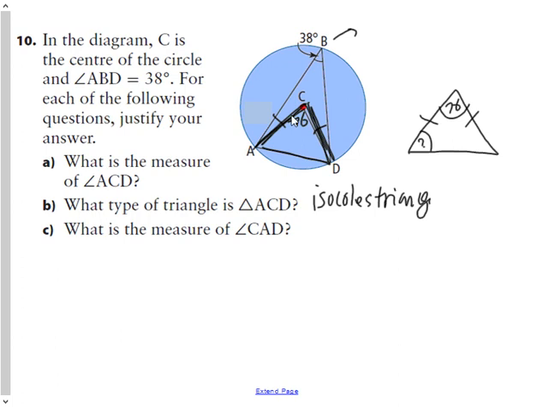Question 10 is really asking you, do you understand the properties of an isosceles triangle? And do you understand what the sum of three angles in a triangle equals? So the first thing you have to know is all three angles will always add up to be 180 degrees. But if it's an isosceles triangle, the base angles will always be the same measure. Now, since we know this to be 76, if I subtract 76 degrees from 180, I get 104.